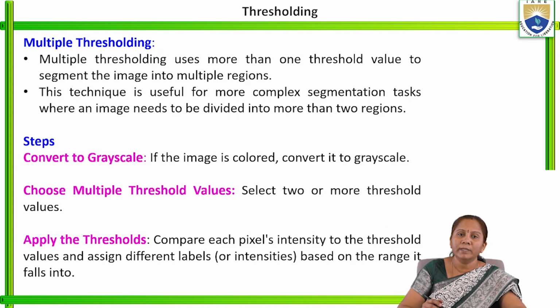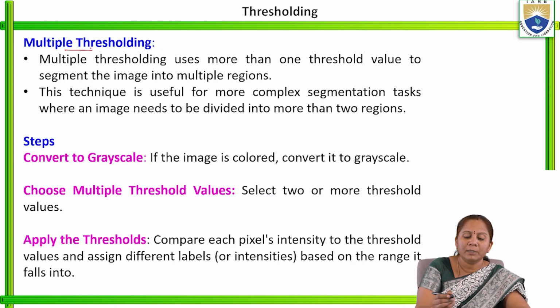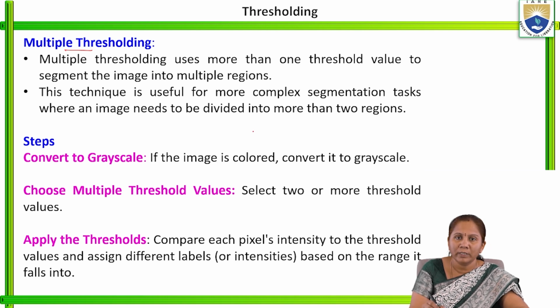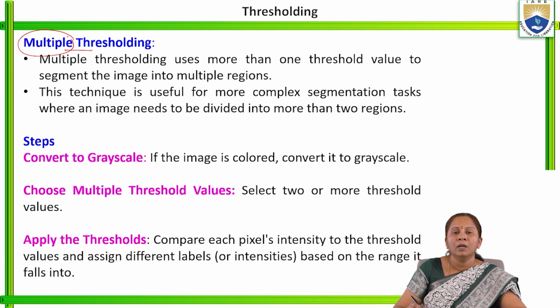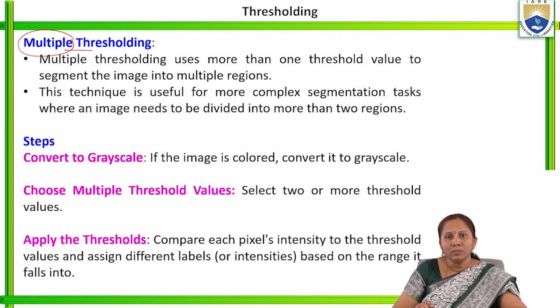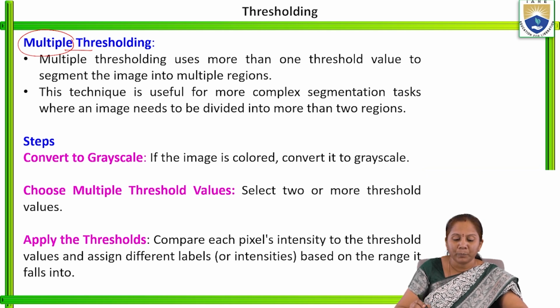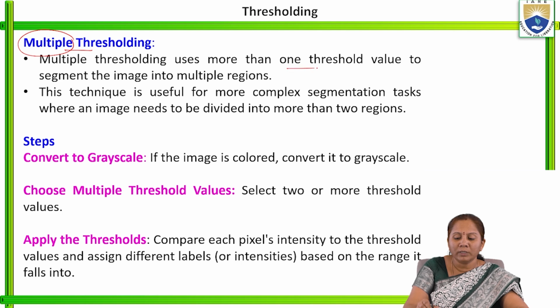And the last thresholding technique is multiple thresholding. What is meant by multiple thresholding? The name itself says multiple threshold values can be selected here. We can use more than one threshold value to segment the image into multiple regions.